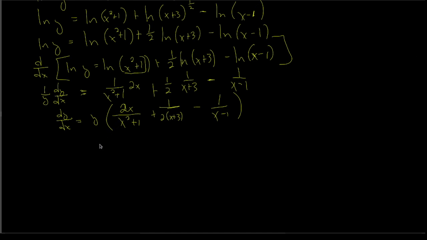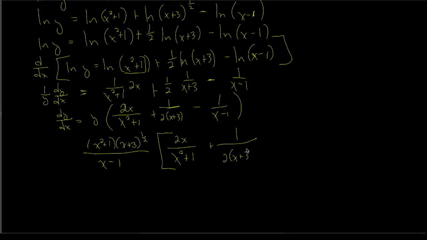I'll plug in my x squared plus 1 times x plus 3 to the 1 half over x minus 1 times 2x over x squared plus 1 plus 1 over 2 times x plus 3, minus 1 over x minus 1. Close my parentheses. And we got our derivative.